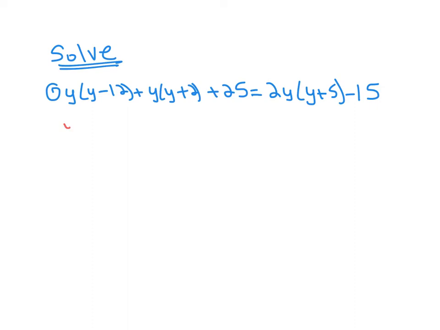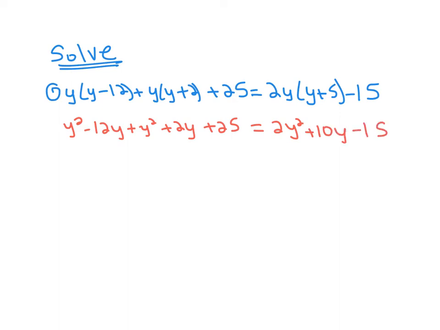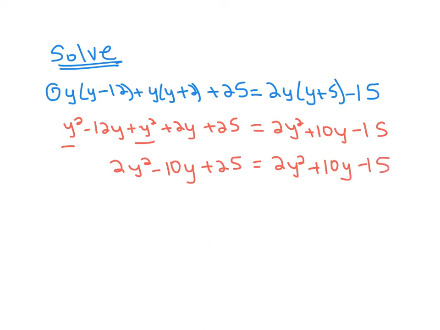On this side, y squared minus 12y plus y squared plus 2y plus 25 equals 2y squared plus 10y minus 15. Now I've got to get some combining happening: 2y squared minus 10y plus 25 equals 2y squared plus 10y minus 15.